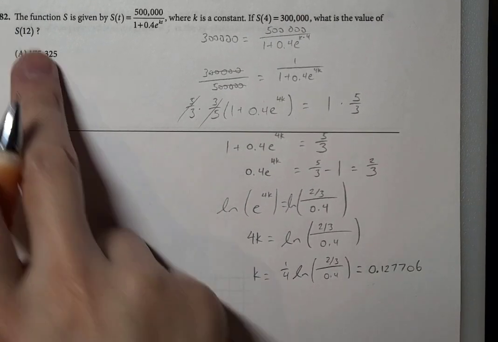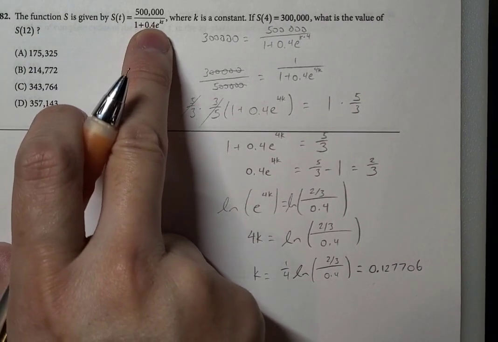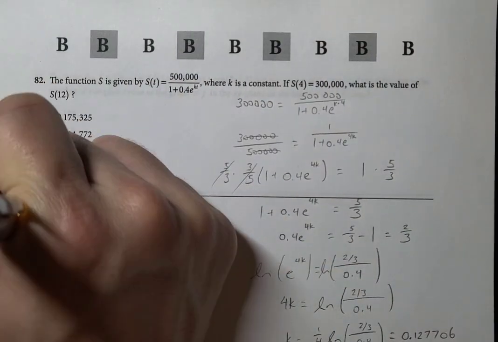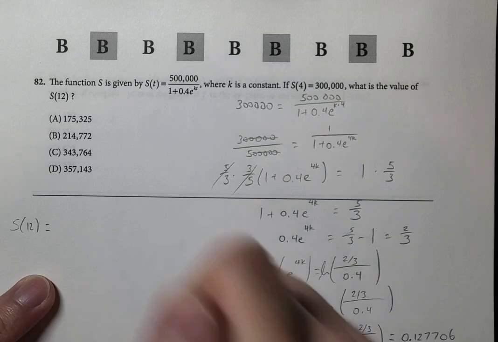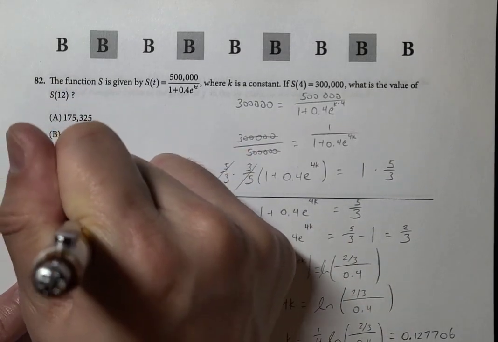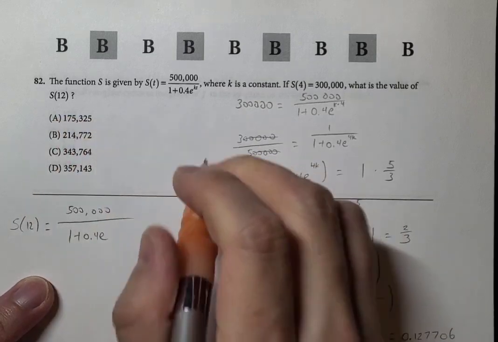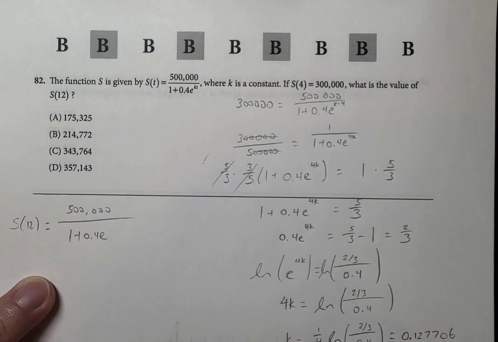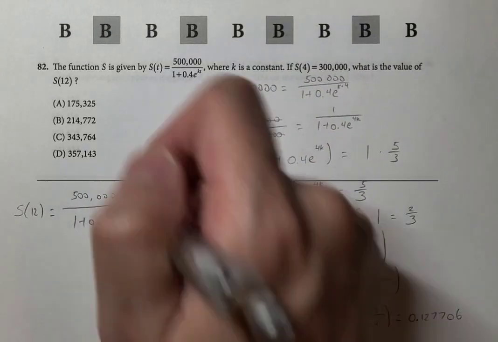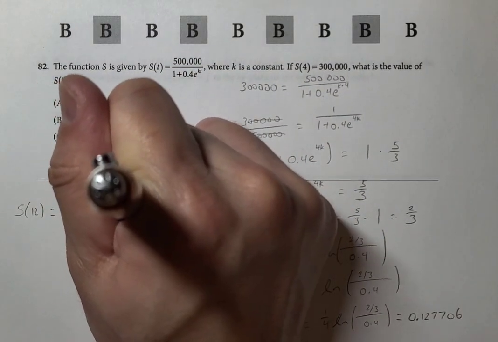We're not done yet. We want s of 12. So we found k. We have the general formula for s of t. So now we want s of 12. Okay, so it will be 500,000 over 1 plus 0.4 e to the k we found over here. So we store that in our calculator, hopefully. So k times 12.